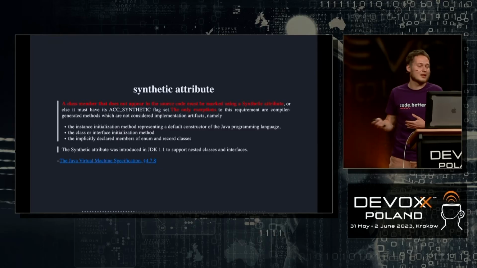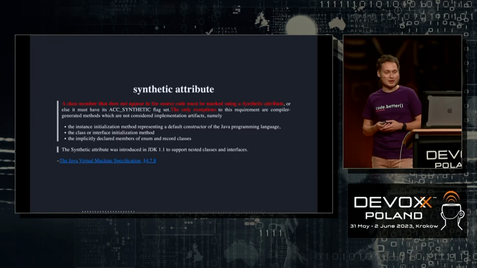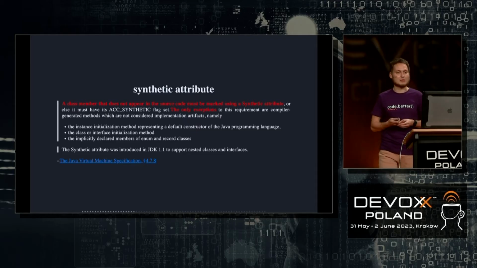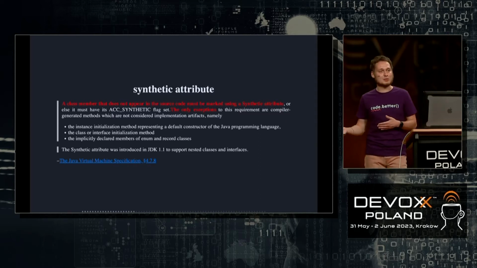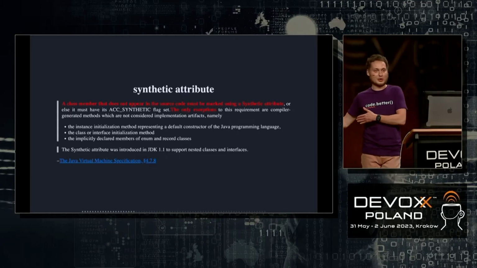That's it. And now time has come to learn about this synthetic attribute. What is this synthetic attribute? The Java virtual machine specification helps us. It says a class member that does not appear in the source code must be marked using the synthetic attribute. And well, there are some exceptions. As usual, in every language, there are exceptions to every rule.